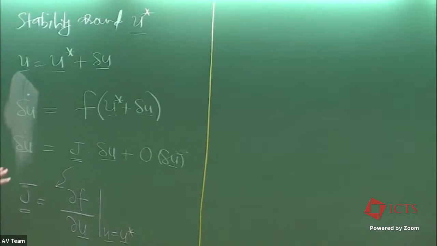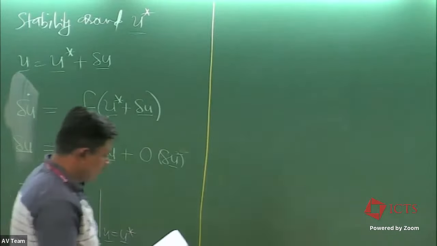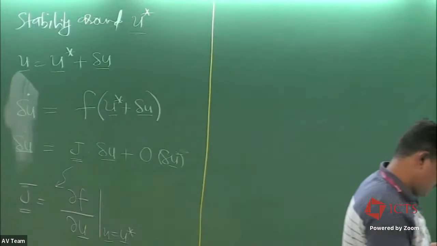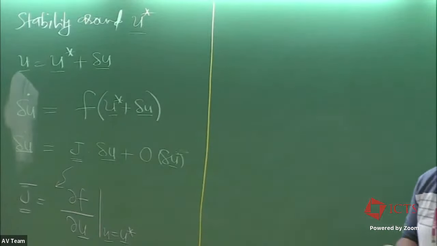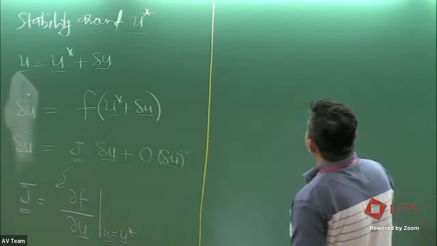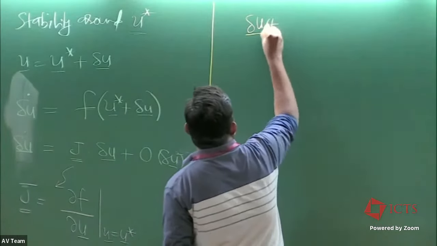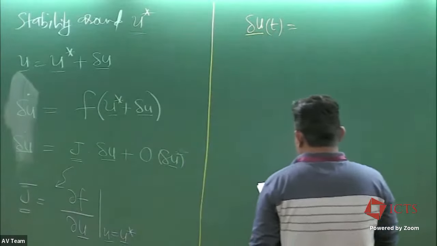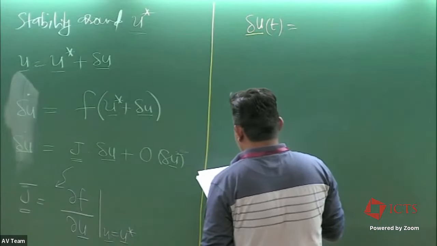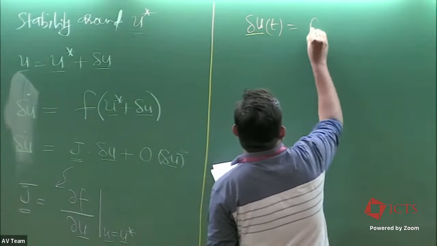So remember, to this order, once you neglect the higher order terms, the system becomes a linear system. So it's basically delta U dot is some matrix times delta U. And so the general solution for such a case would basically be an expansion in the eigenbasis. So delta U as a function of time t would have the following form.